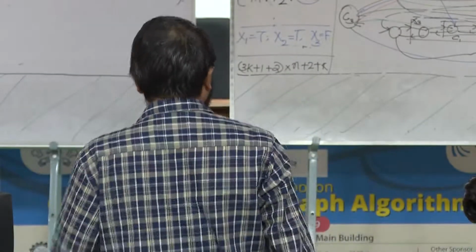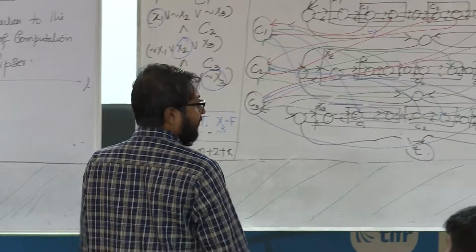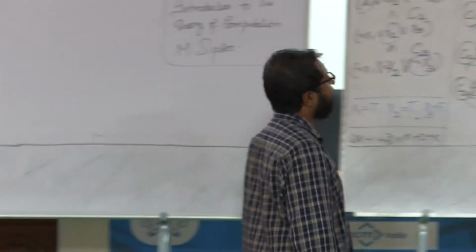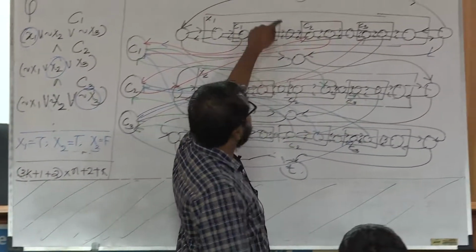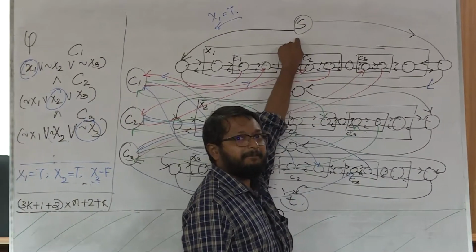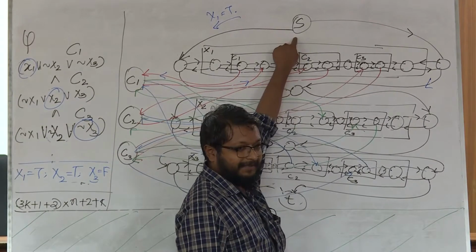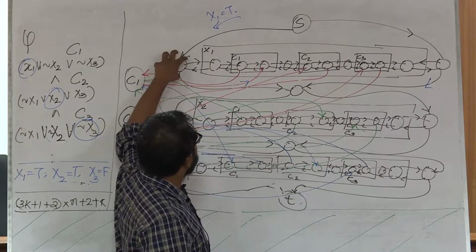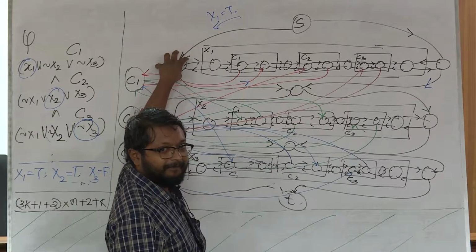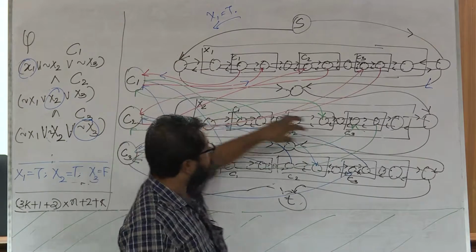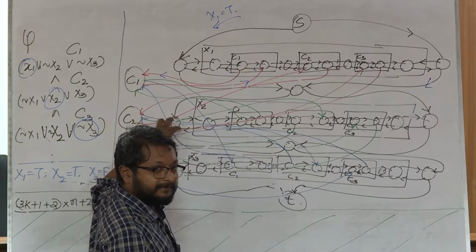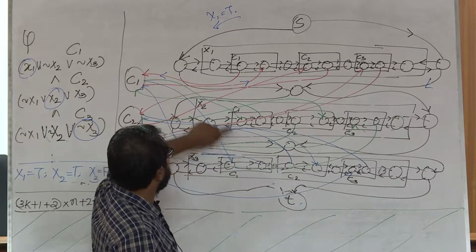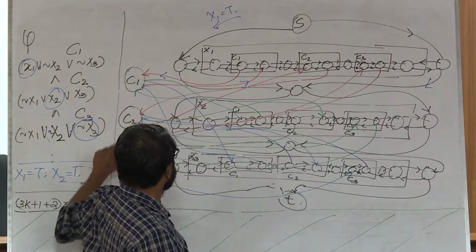So, the hard part, or the more involved reasoning, is to guarantee that the only way in which a Hamiltonian path can start from S and reach T in this graph is to first enter this from left or right, then enter this from left or right and cover this, then enter this from left or right, cover this, and somewhere exactly once you have to cover C1, C2, C3 from somewhere.